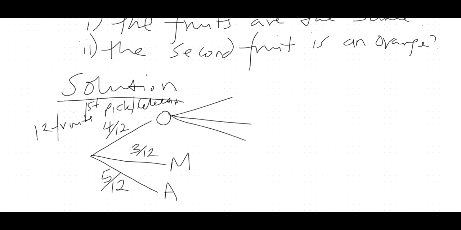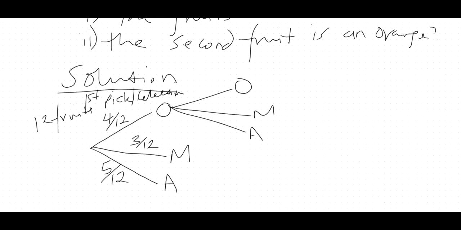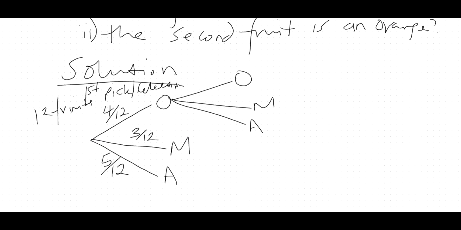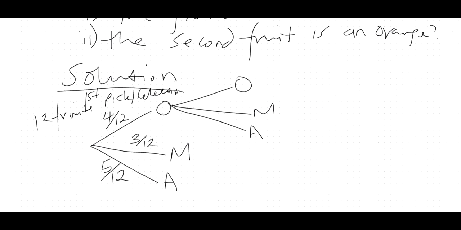So the second could be an orange, or it could be a mango, or it could be an apple, like that. And then you ask yourself, what is the probability if you picked the first one as an orange and it is without replacement? So once you pick, you don't return the fruit that you picked. Okay, so now you'll be working with the remaining number of fruits.